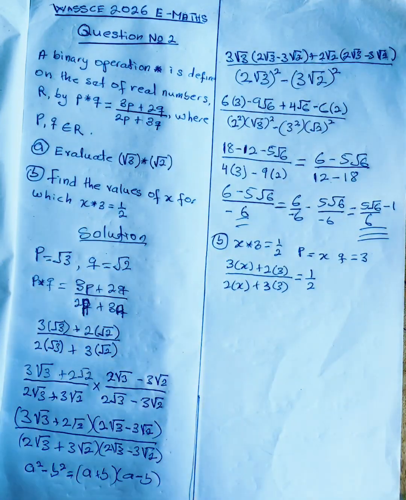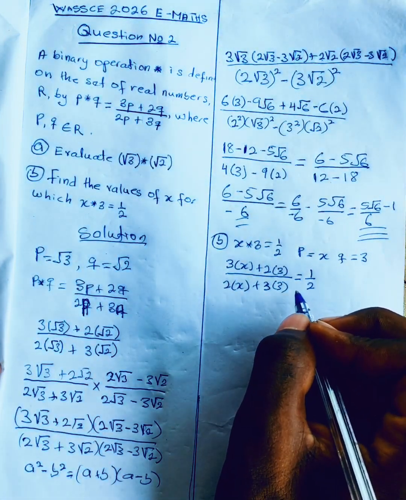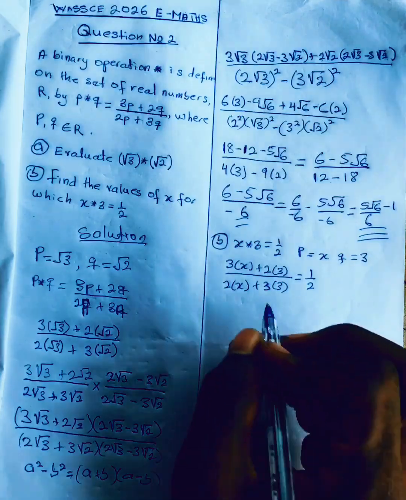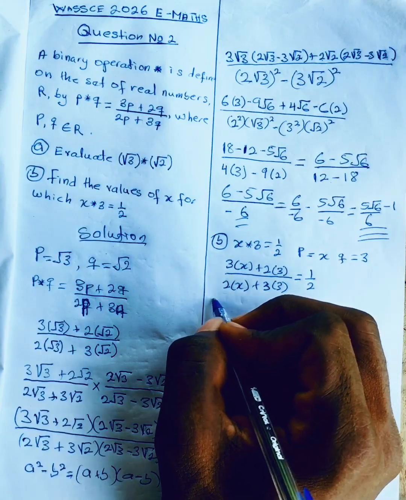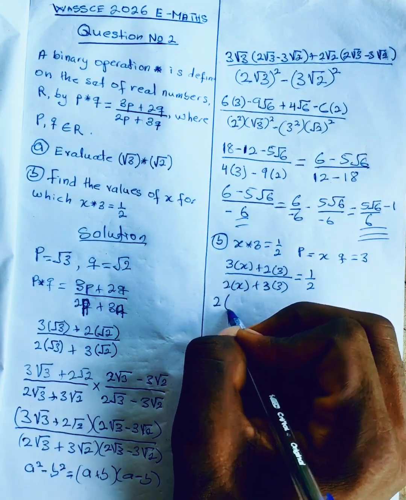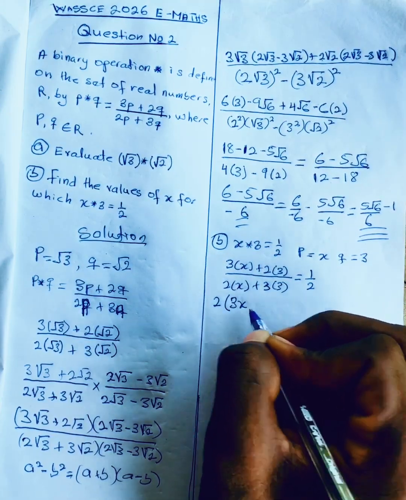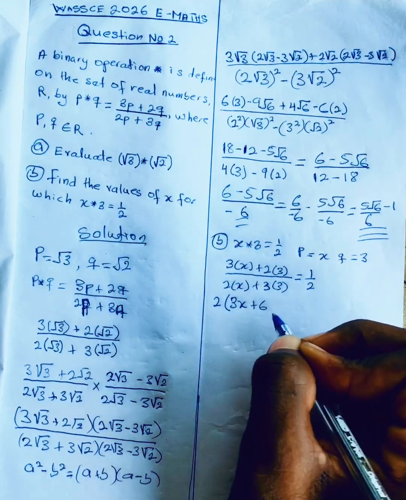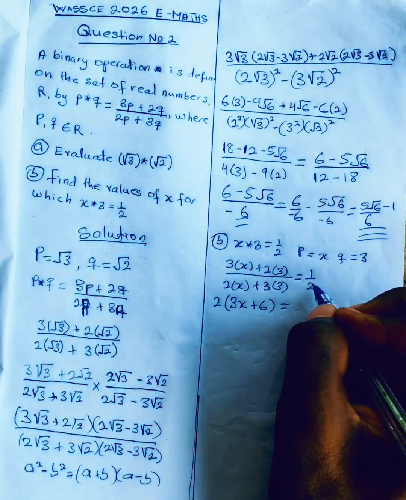Now when you cross multiply, this one will multiply this, so it will be 2 into bracket 3S plus 6 is equal to this.